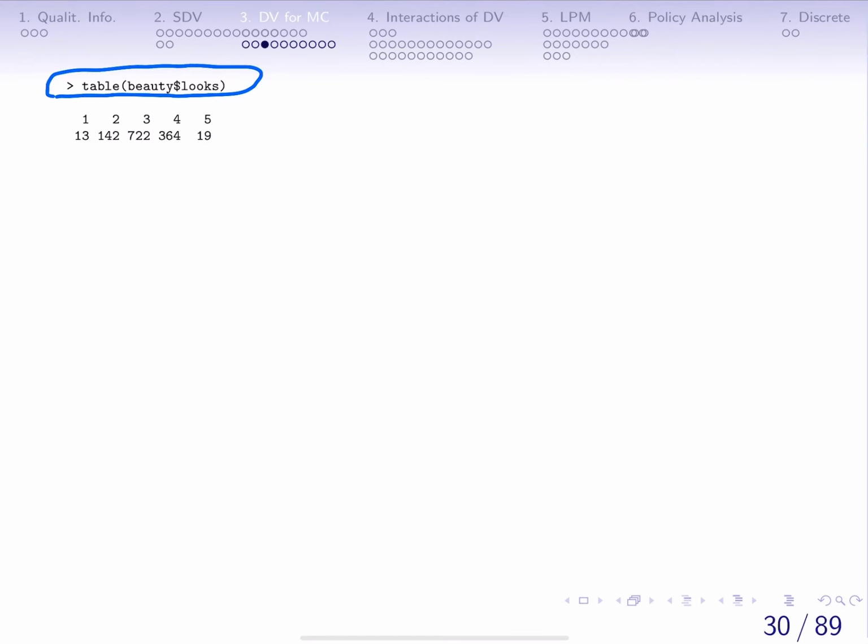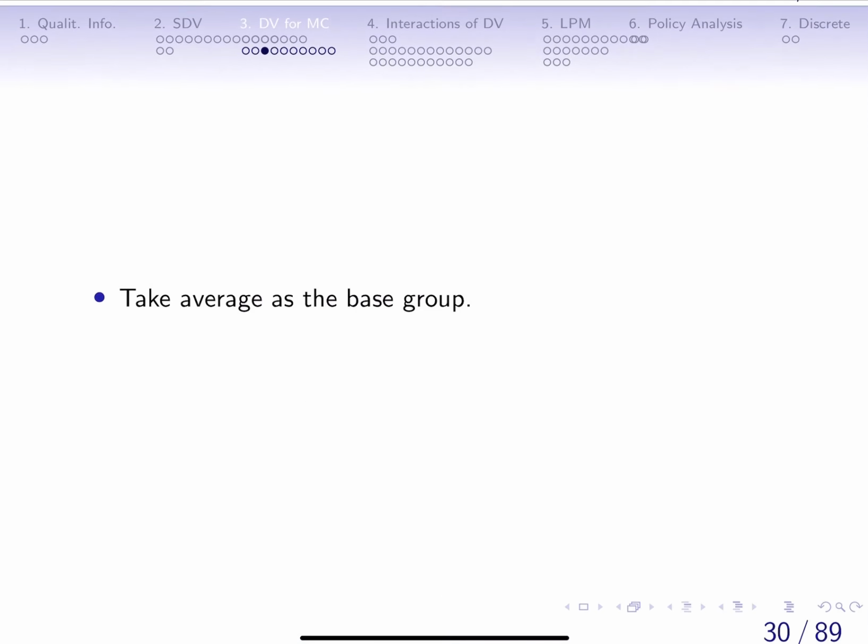If you just use the command table on looks, this tells you the distribution of these scores. And this is telling you that only 13 people received a score of 1 and 19 people received a score of 5, right? Everybody else is situated in scores 2, 3, and 4.